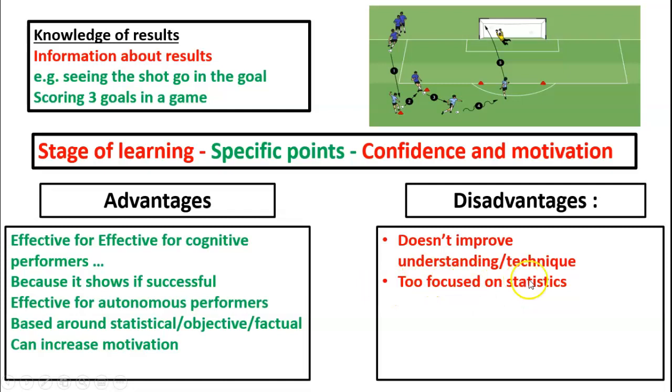Sometimes it can be too focused on statistics. It's more concerned with the numbers that you have got successful rather than the technique that helped you get there, okay, which can encourage incorrect stimulus response bonds.